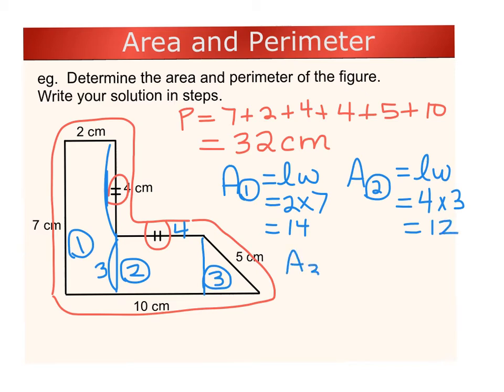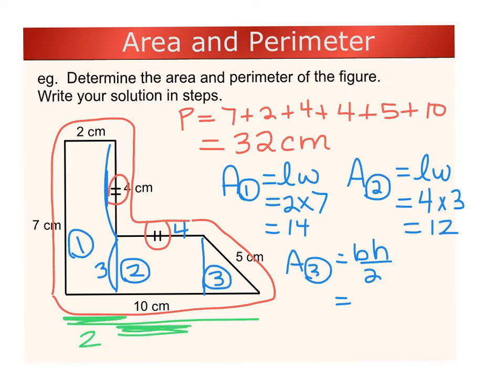Then I have my triangle, which is base times height divided by 2. Now the base, let's see. I've got to figure this out. This whole thing is 10, but from here to here is 2, and from here to here is 4. That makes 6.